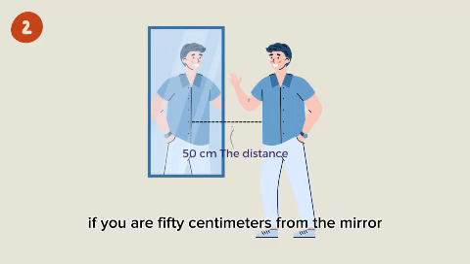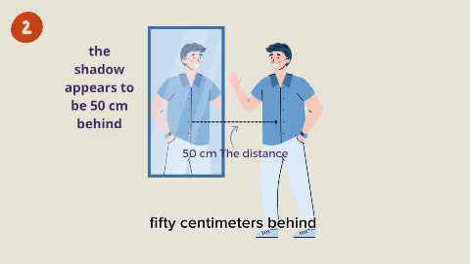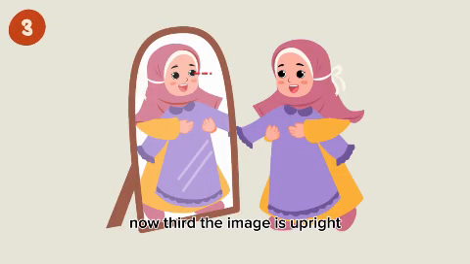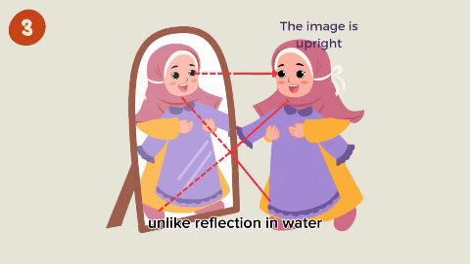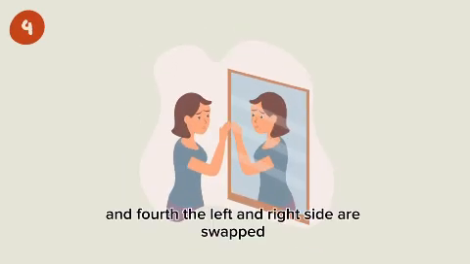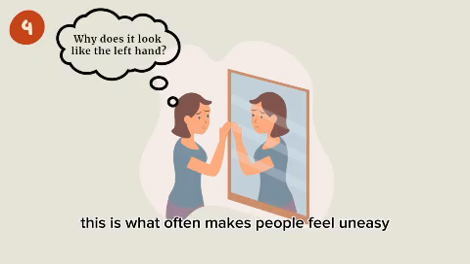If you are 50 cm from the mirror, your reflection is also 50 cm behind. Third, the image is upright, unlike reflection in water that is sometimes inverted. And fourth, the left and right sides are swapped. This is what often makes people feel uneasy.